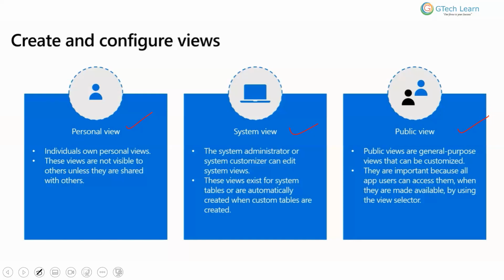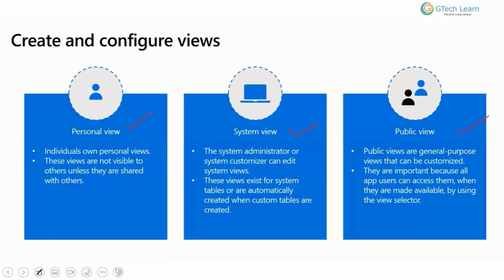The second type of view is known as the system view, which is pre-created in your environment, like the active contacts view and inactive contacts view in the contact table, and the active account and inactive account views in the account table. These are going to be available there. In the same way, for different tables there are certain types of views available, and those views are on a public note.